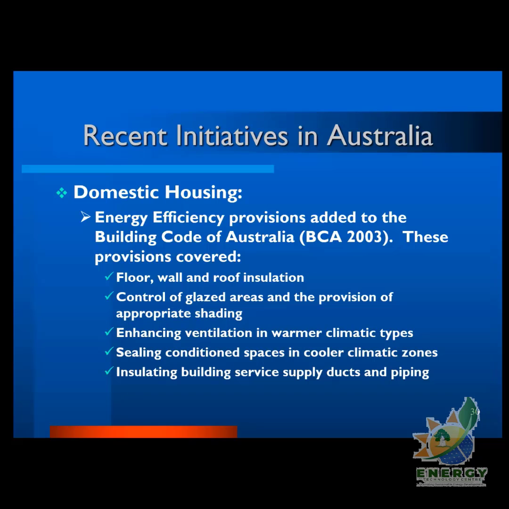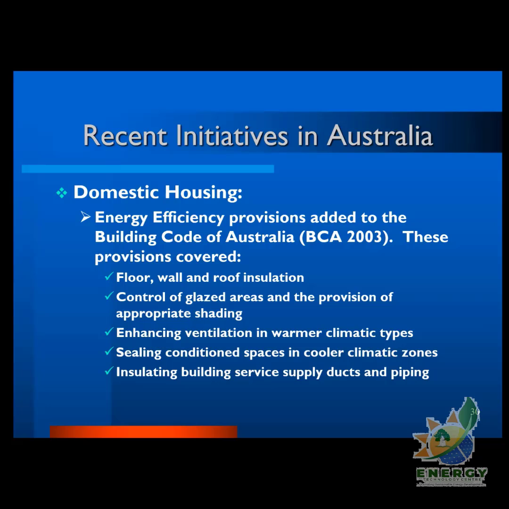Now, for domestic housing, energy efficiency provisions added to the Building Code of Australia should normally provide for floor, wall, and roof insulation, control of glazed areas, and the provision of appropriate shading, enhanced ventilation in warmer climatic zones, ceiling conditioned spaces in cooler climatic zones, and insulation of building services, supply duct and piping.